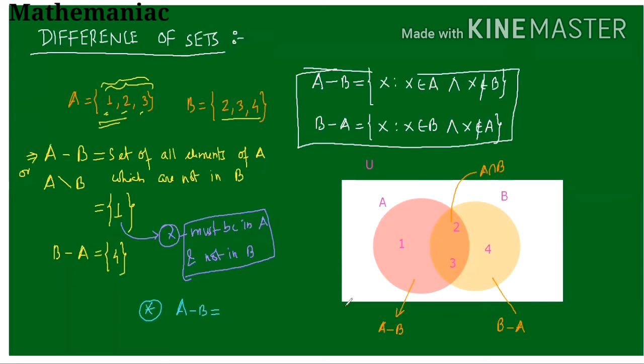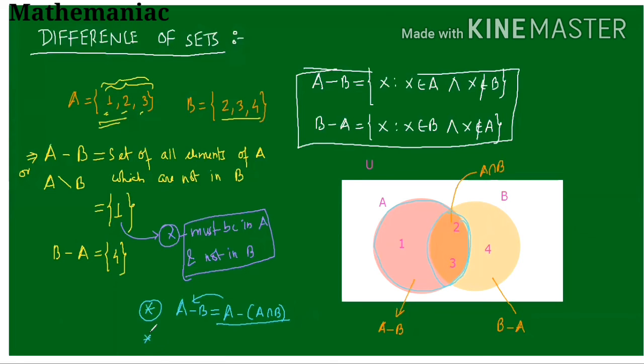A minus B is nothing but A minus A intersection B. So from A, if you remove this part, then you will be left with A minus B.